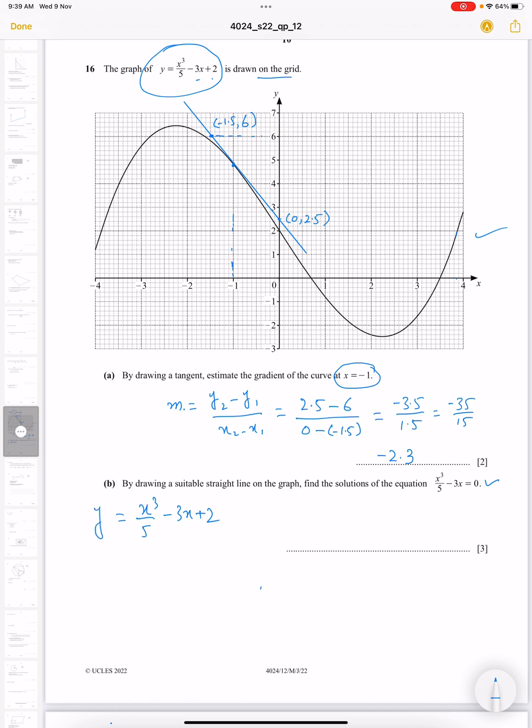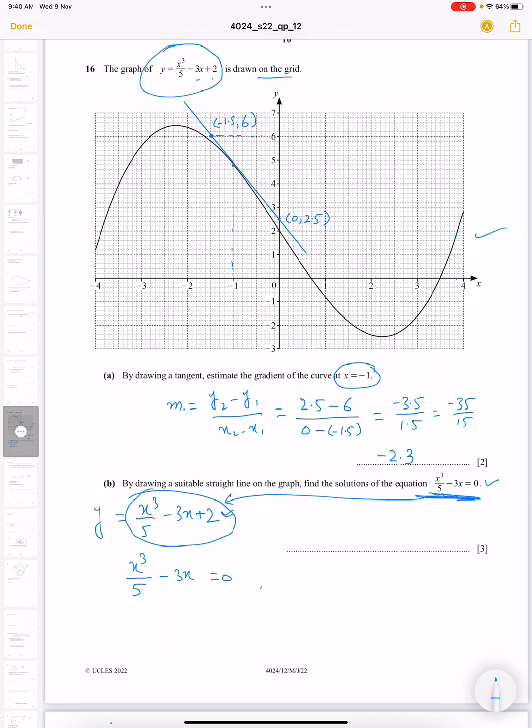But the equation we have to make is x cube over 5 minus 3x is equal to 0. So we will make changes in this given function, because the graph is given of this function, to make it exactly this one: x cube over 5 minus 3x is equal to 0.